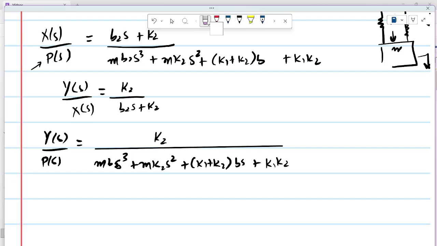So this is what we have. That's Y of s over P of s, and the other one is X of s over P of s.